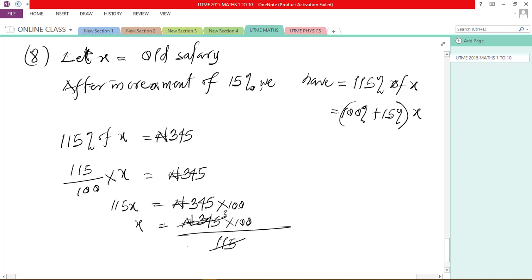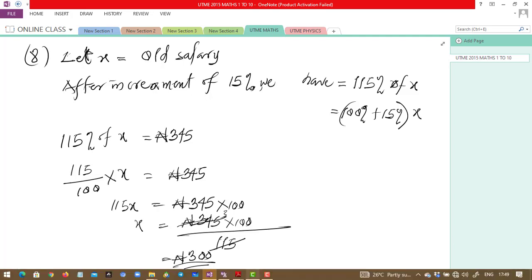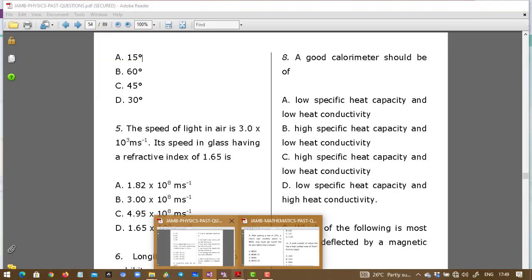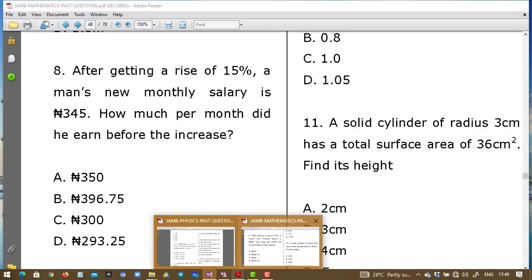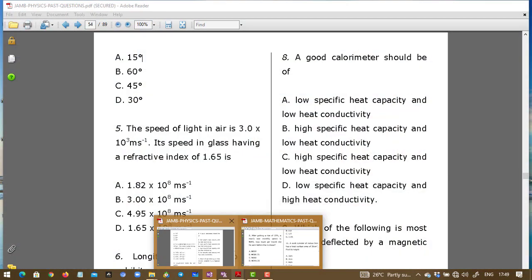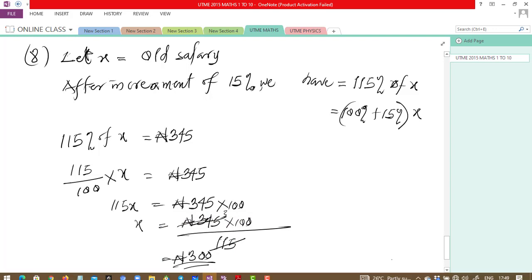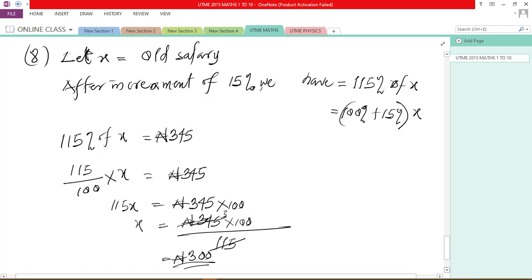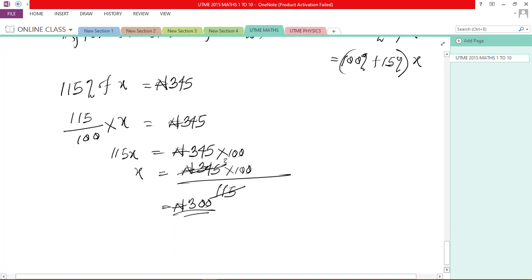We have 3. So the final answer is 300 naira, which means that the old salary is 300 naira. So let's check the answer there, which one goes with it. That is C again. C is the answer again. So the answer now is C.